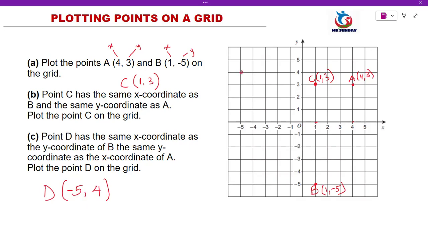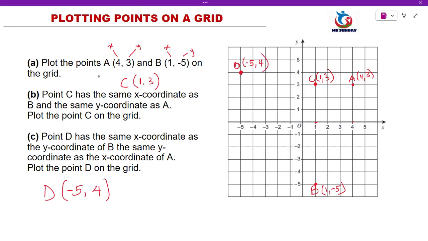So this is the point here where it intersects the 4 on the y-axis. So with this, we can now say this is our point D. And if you still want to indicate the coordinate, you just say negative 5, 4. And with that, we've answered the question.